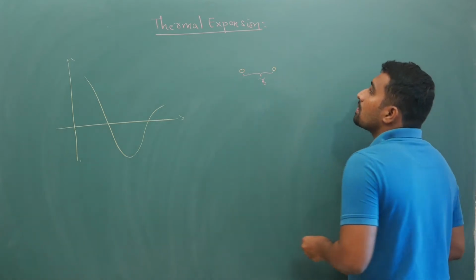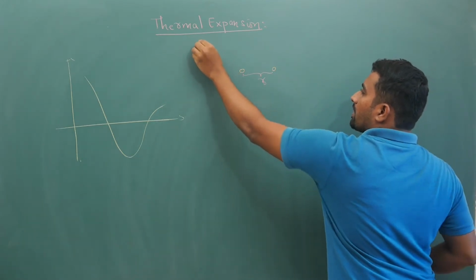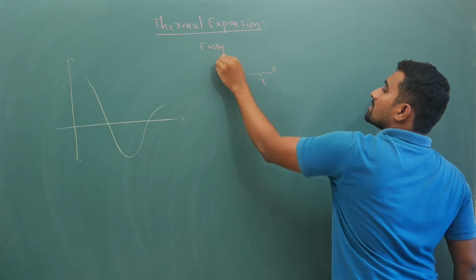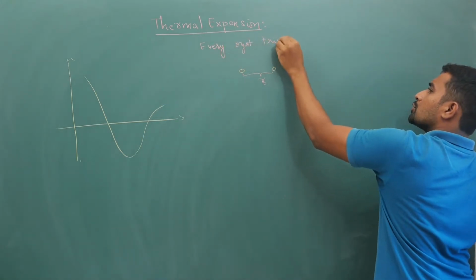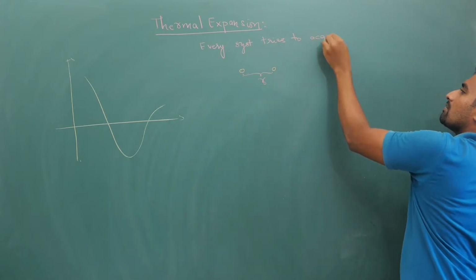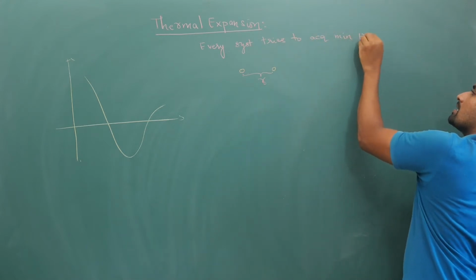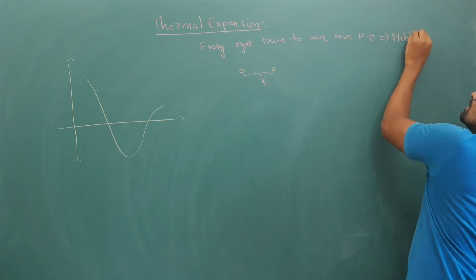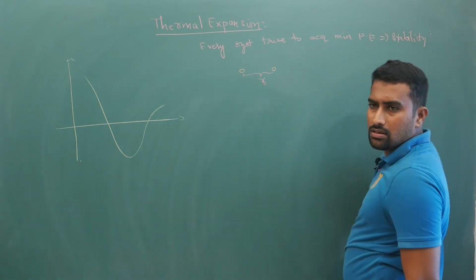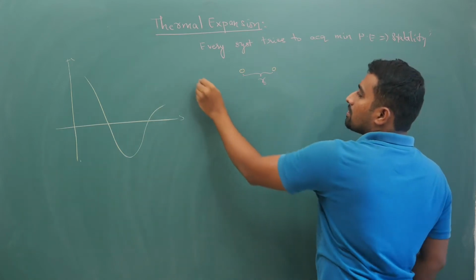disturbed, because every system tries to acquire minimum potential energy, so indirectly stability. So this is your stable equilibrium distance at that particular temperature.